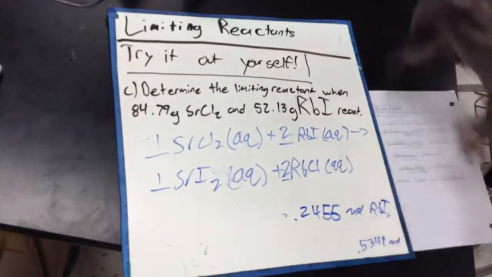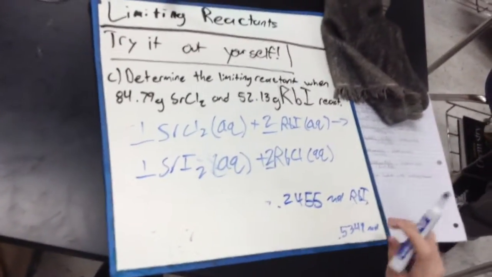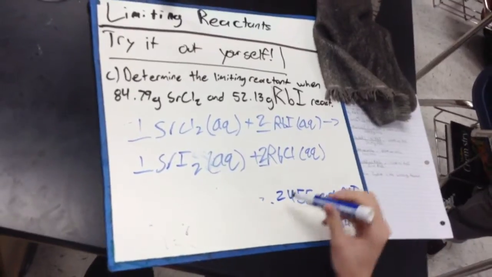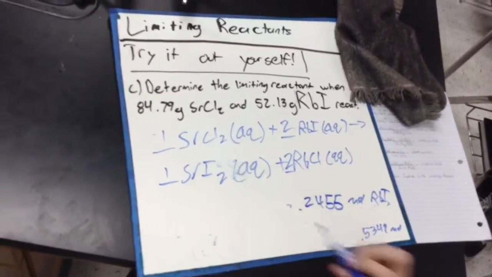And then, just like we did in the practice problem, we can determine the limiting reactant by dividing our mole values by the coefficients of the reactants.